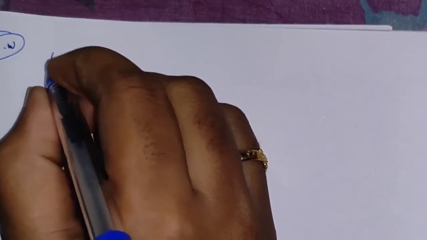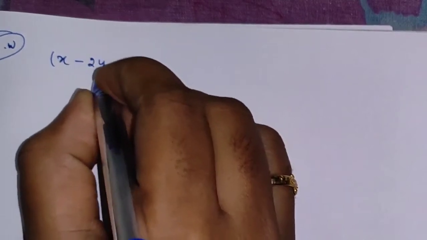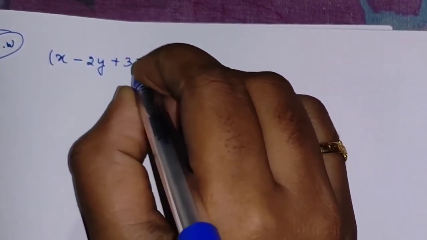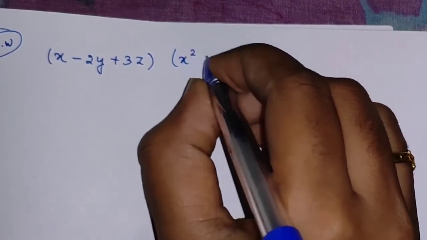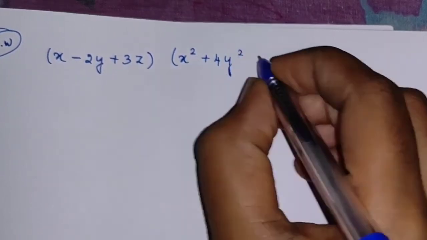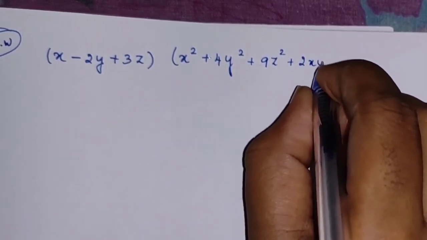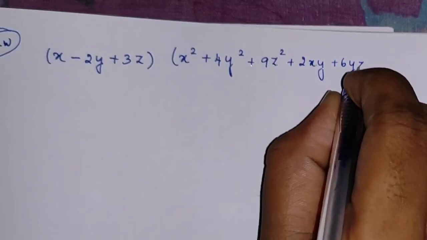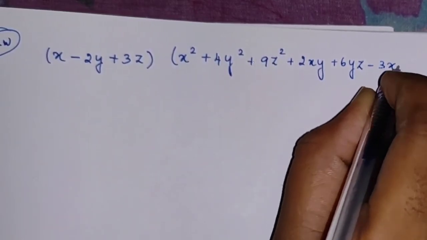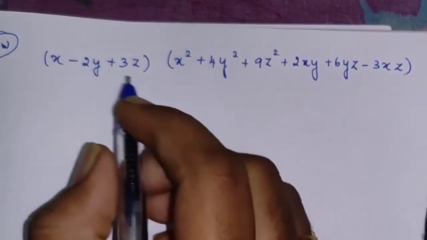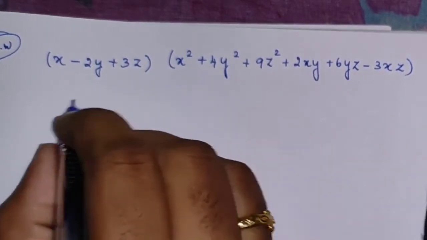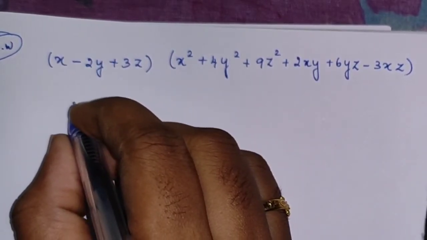So your homework problem, the same method: (x minus 2y plus 3z) into (x square plus 4y square plus 9z square plus 2xy plus 6yz minus 3xz). Okay, same method, use the same identity where I'll give you the values.